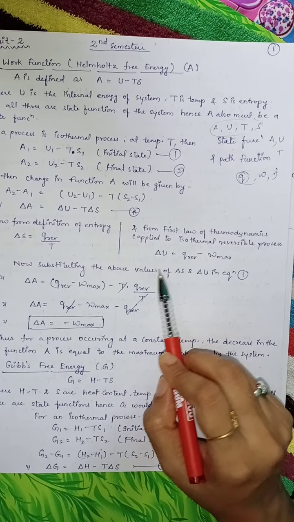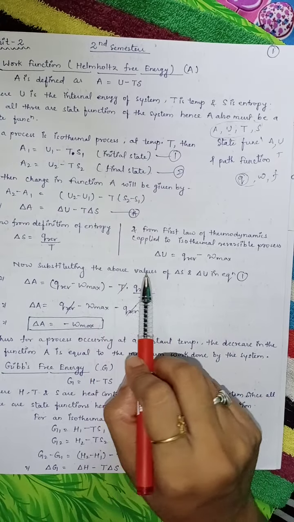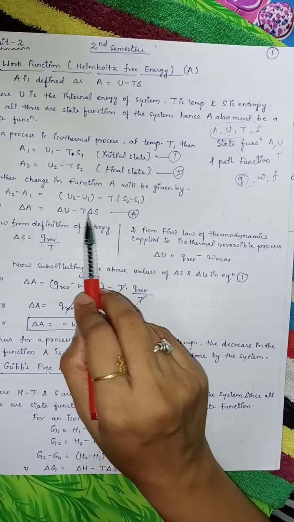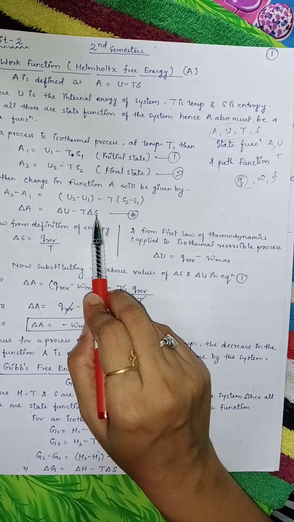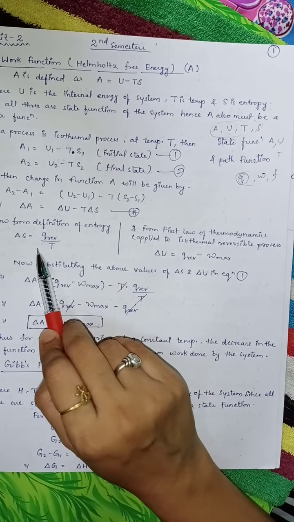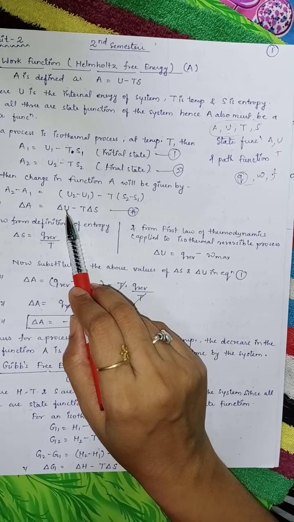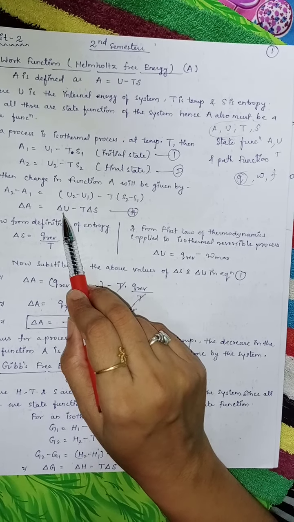In this equation you have to put the value of entropy, del S, which came from this, and from the first law of thermodynamics you will put the value of del U.